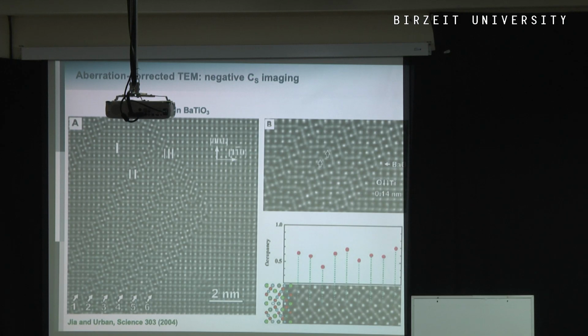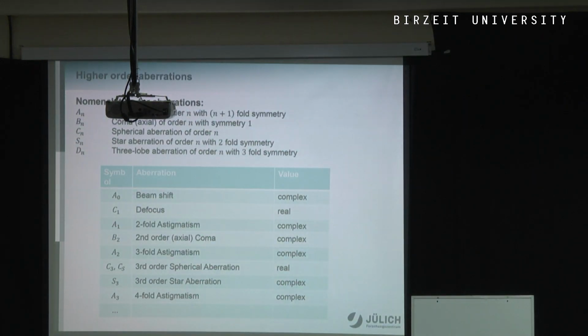I mentioned that the defocus and the first order spherical aberration coefficient are just the first two aberration coefficients that need to be considered. There are many, many others. They go up to now seventh order, which can be corrected in practice. And some of the aberration correctors now have 200 or 300 power supplies controlling all the different magnetic elements inside them.